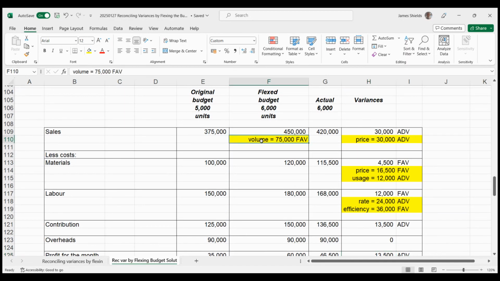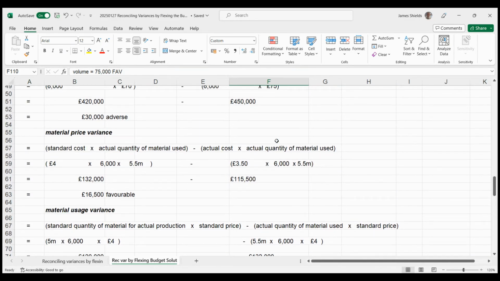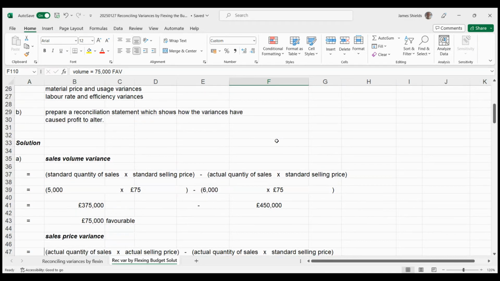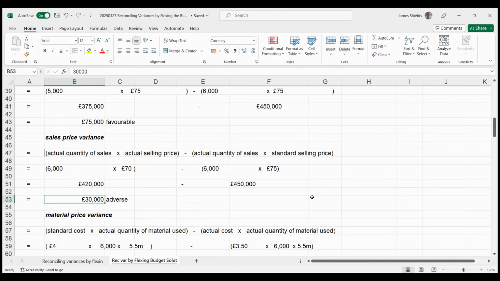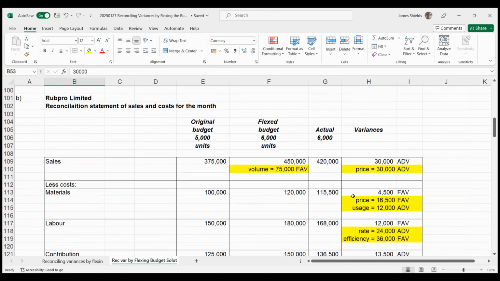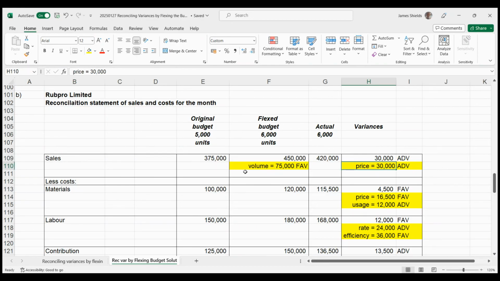Now you see all these yellow ones. These are the variances we worked out earlier. The sales volume variance was 75,000 favourable, and the sales price variance was 30,000 adverse. So the volume has changed, favourable by 75,000, and the price has gone 30,000 adverse.